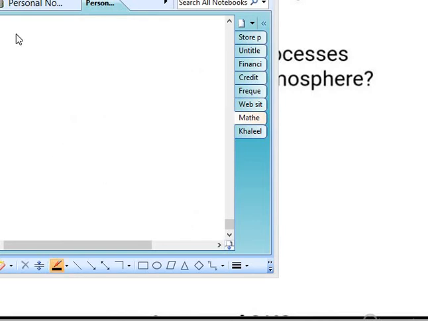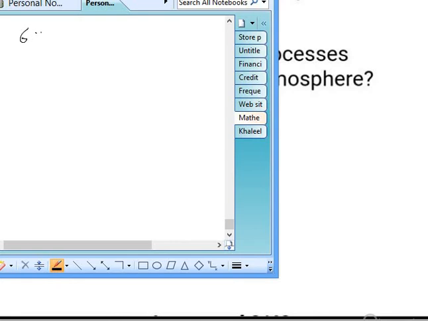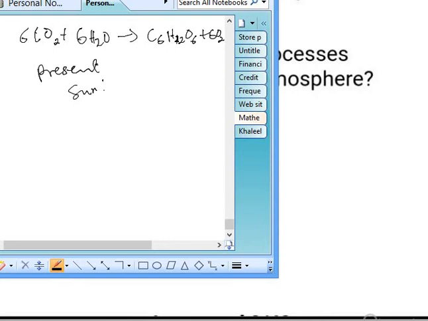The equation is 6 molecules of carbon dioxide, that's 6CO2, plus 6 molecules of water, which is 6H2O, react to give glucose, which is C6H12O6, plus 6 molecules of oxygen gas, 6O2. Here, in the presence of sunlight and chlorophyll.